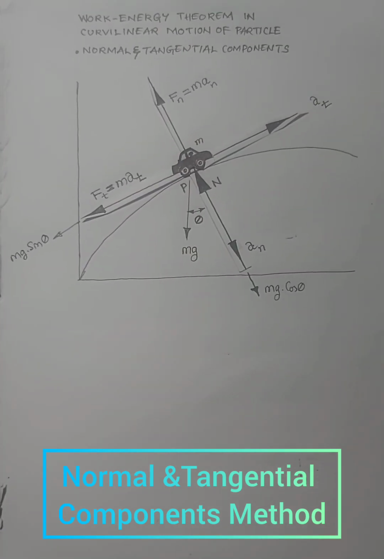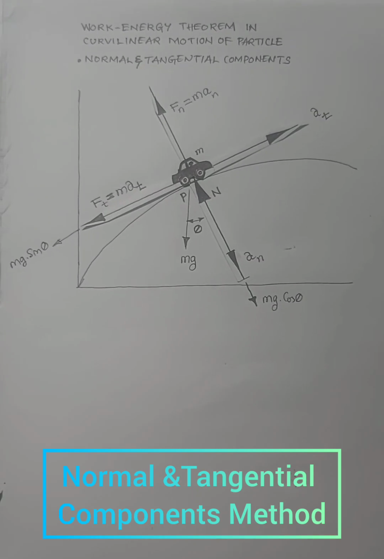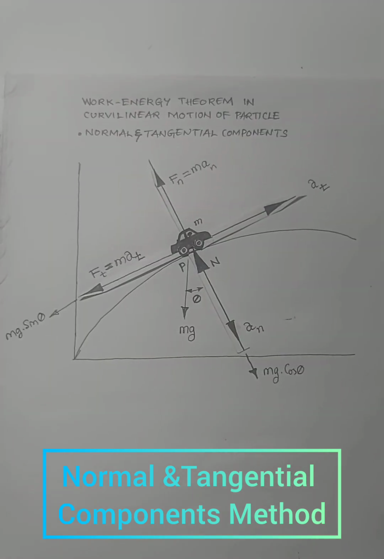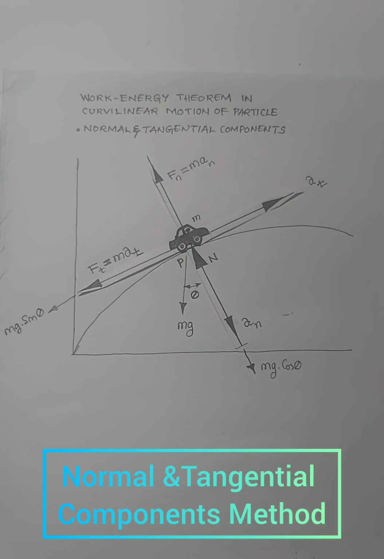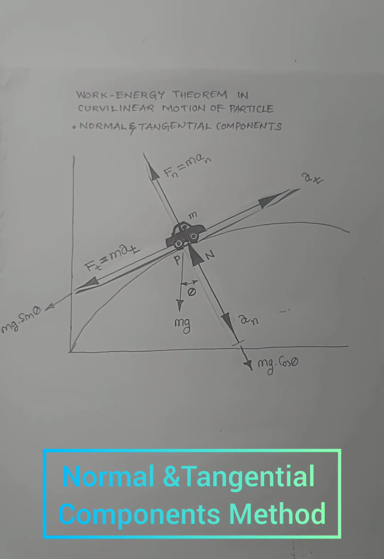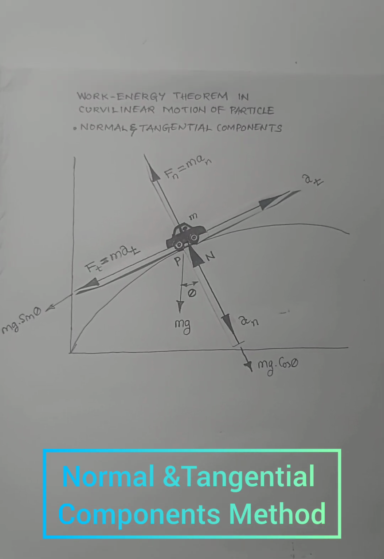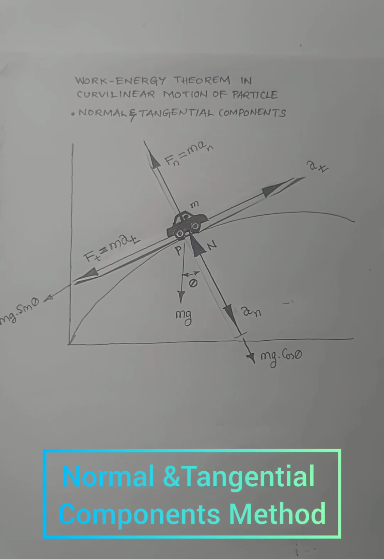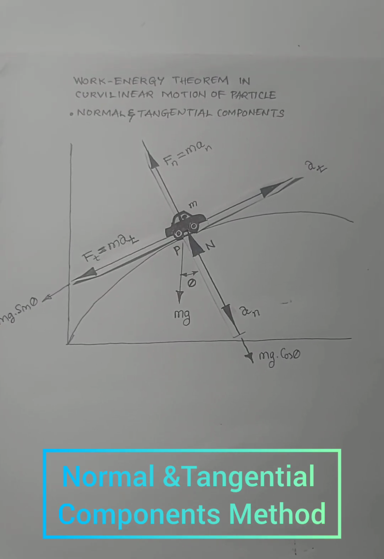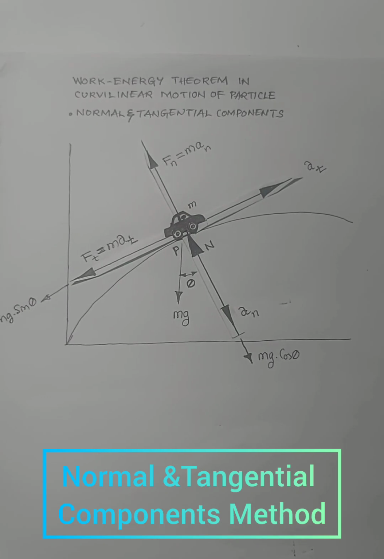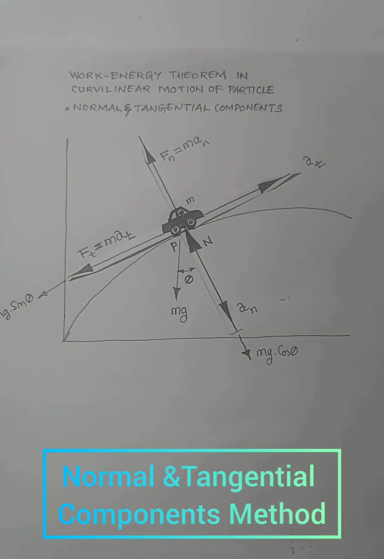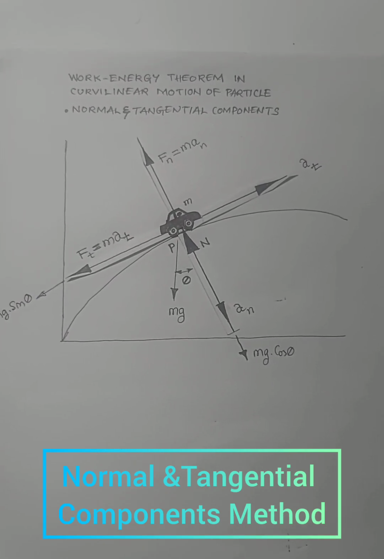When the particle is moving in curvilinear motion up to reach point P on the trajectory, the tangential acceleration is considered as at, and normal acceleration is considered as an. Opposite to tangential acceleration, the inertia force generated within the moving particle is Ft equal to mat.